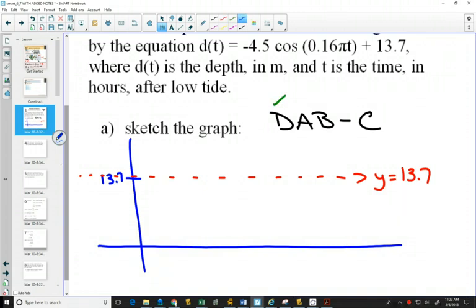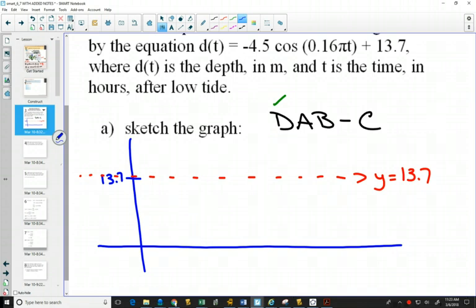The A part of DABC says use your center line and your amplitude to mark your maximum and your minimum values. So if my center line is 13.7 and my amplitude is 4.5, when we talk about amplitude, amplitude is always a positive number. Even though there's a negative 4.5 in front, we would say that our amplitude is 4.5.